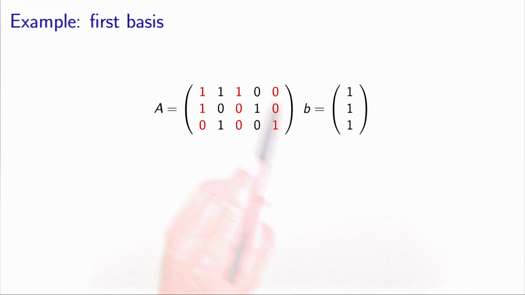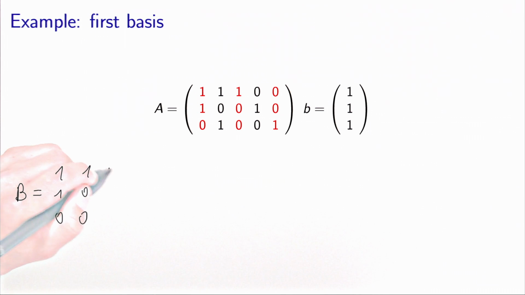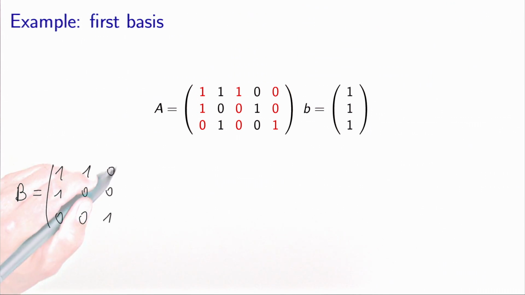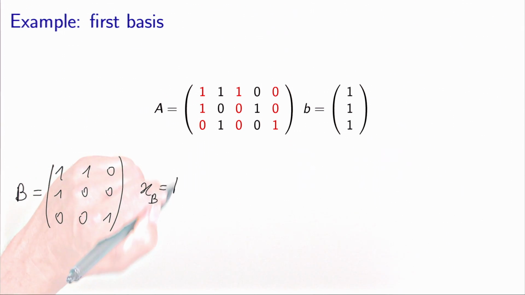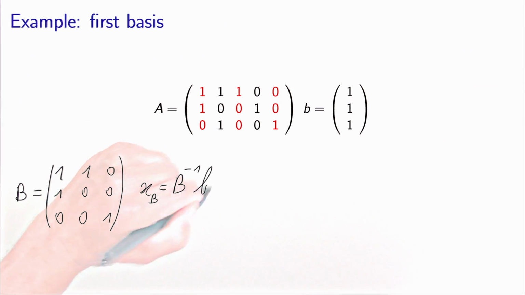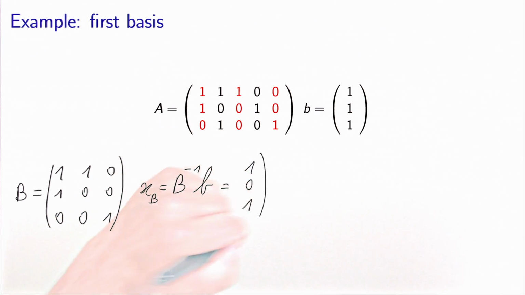We have the matrix A, the vector b, and these 3 columns that we have identified in order to calculate the feasible basic solution. So the matrix B is equal to 1, 1, 0, 1, 0, 0, 0, 0, 1. And then we can calculate xB, which is equal to B inverse times the vector b, and you can verify that it's equal to 1, 0, 1.